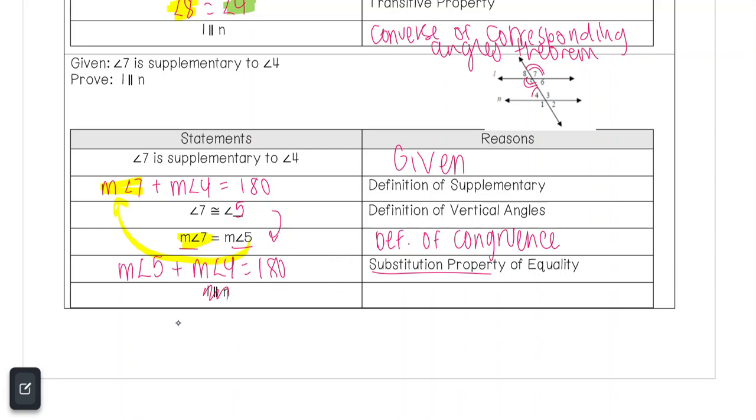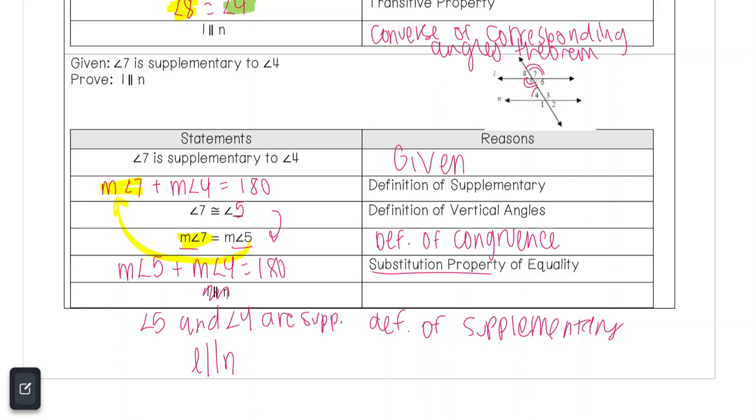and so really I should include one more line here. I should state that angle 5 and angle 4 are supplementary, okay, and that's going to be based on the definition of supplementary angles. And then I can make my final line that L is parallel to N here.